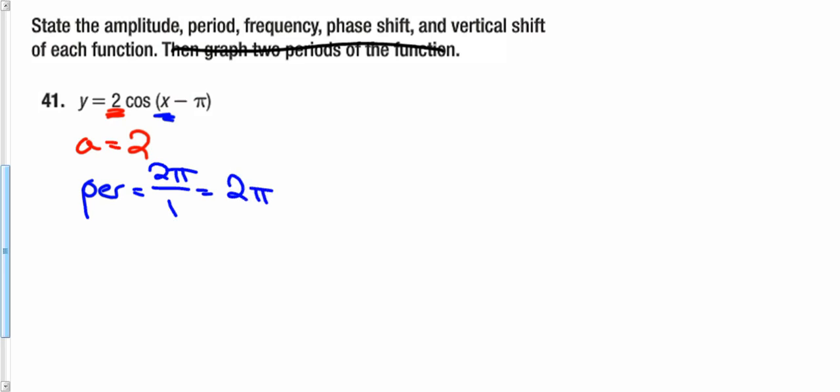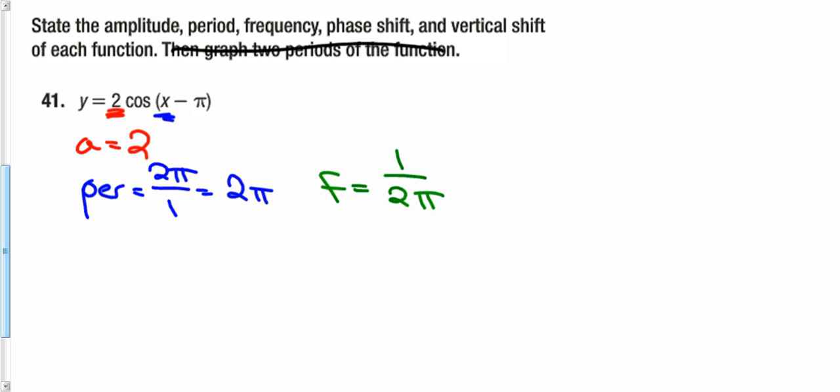Frequency is going to be equal to 1 over 2 pi, the inverse of 2 pi. And then there is no vertical shift. We'll get to phase shift.